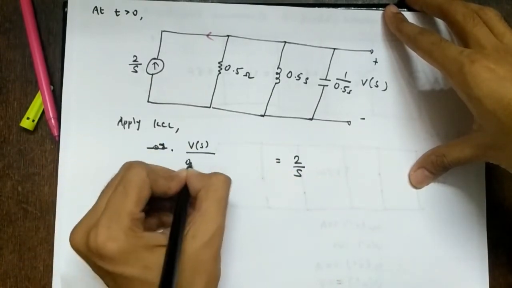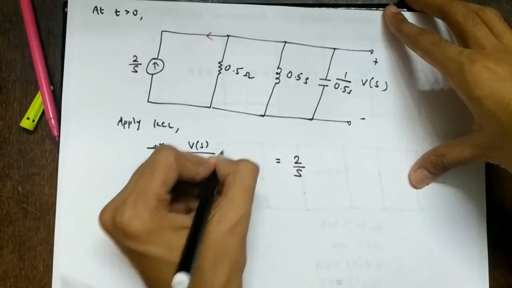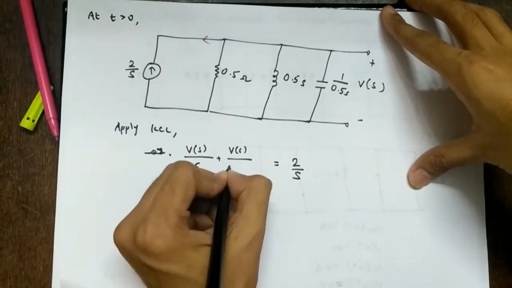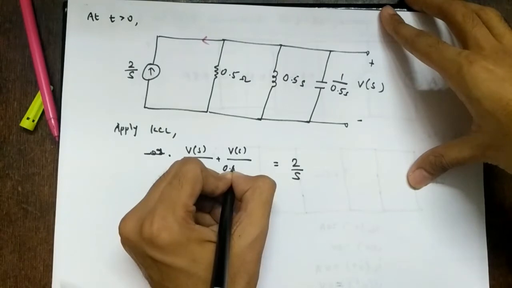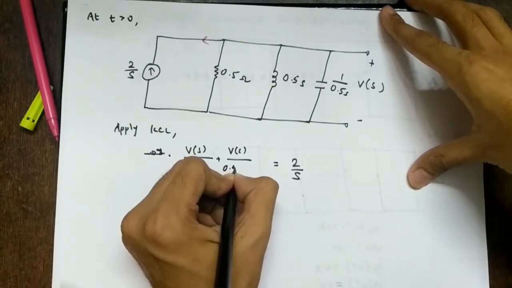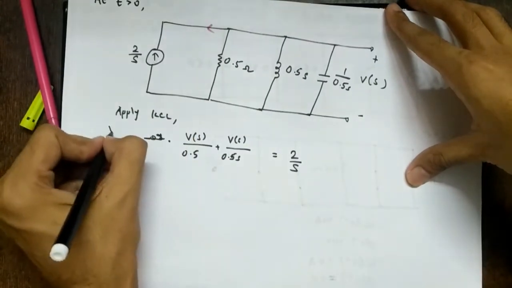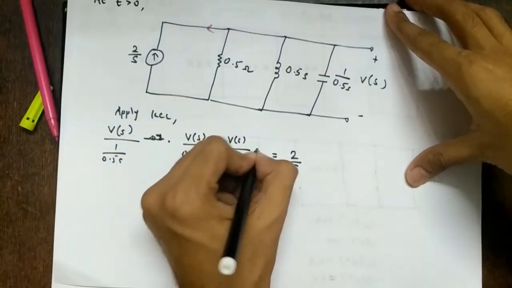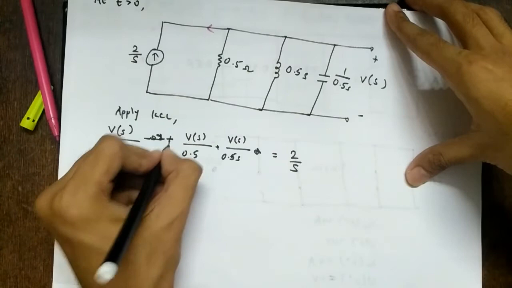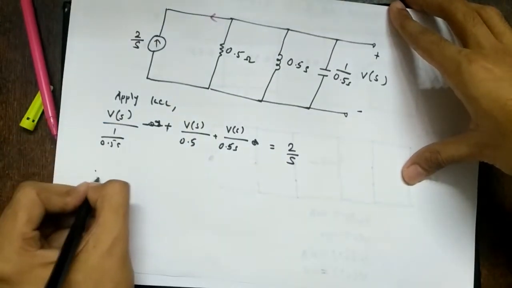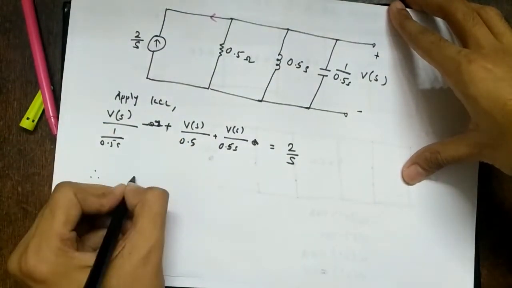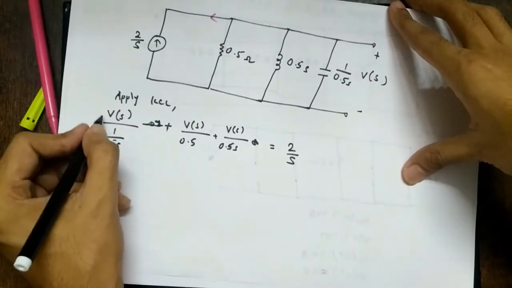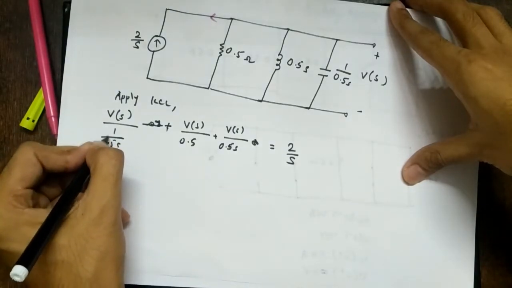V of s upon 0.5, plus V of s upon 0.5 s. I don't have space, so I'll write here. So V of s upon 1 upon 0.5 s, right? Here plus, if you solve this, what will you get? 1 upon 0.5 is 2.